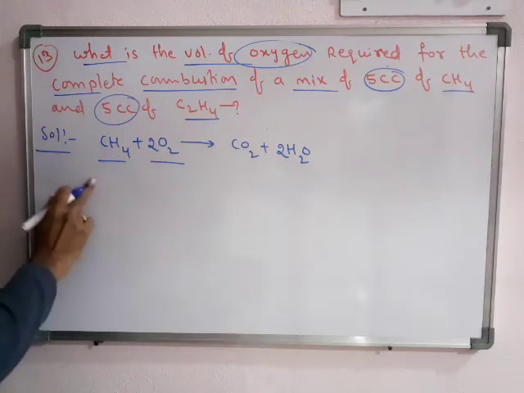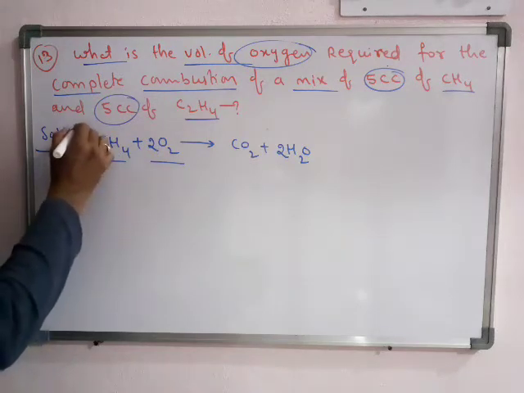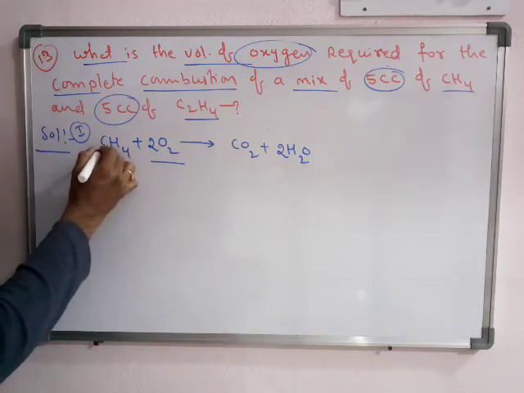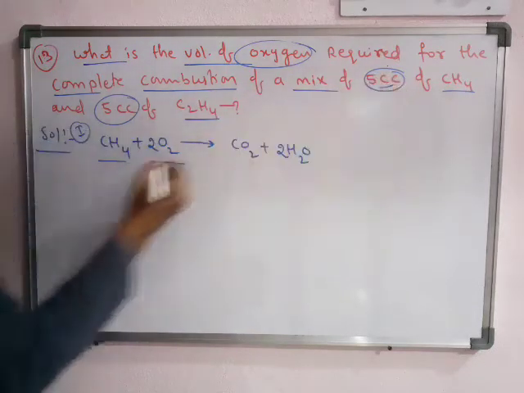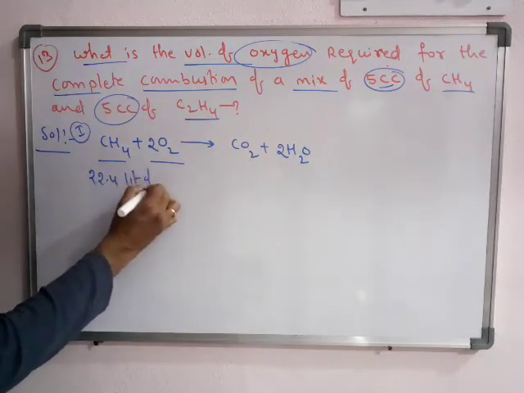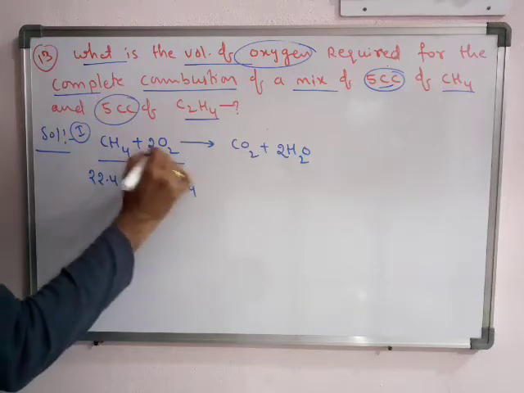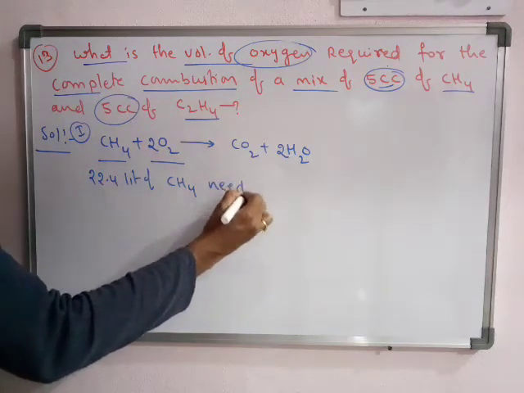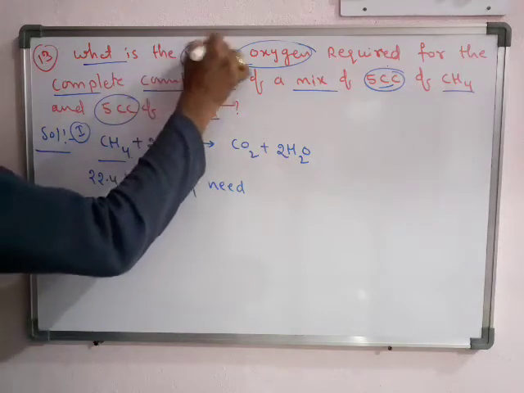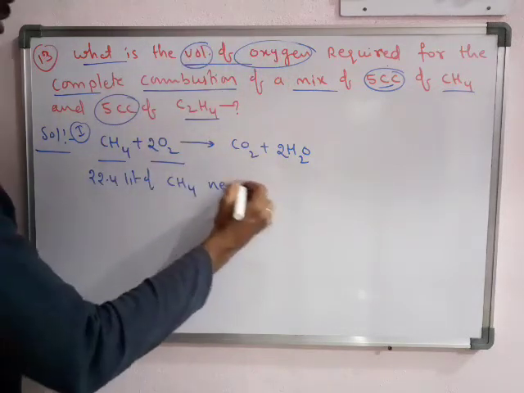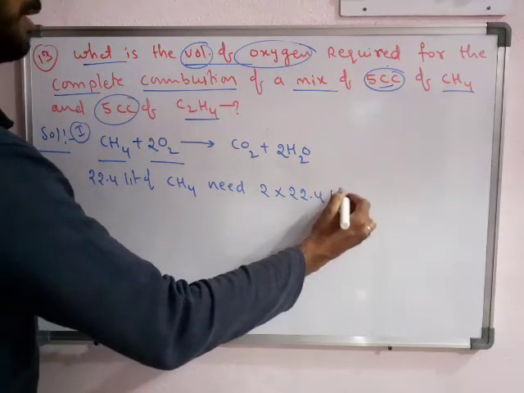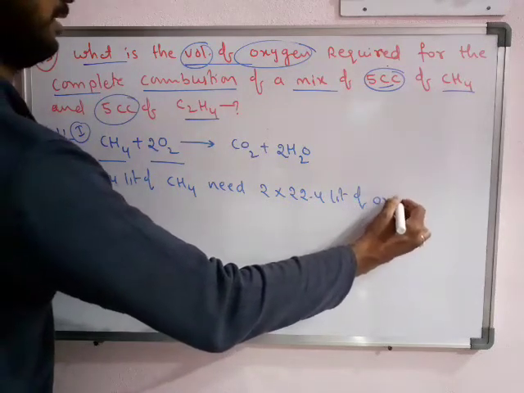Take it as case 1. It is given in terms of volume. So 1 mole means 22.4 liters of methane requires how much oxygen for complete combustion? 2 moles. Here also we have to find the volume of oxygen. So 2 moles means 2 into 22.4 liters of oxygen.